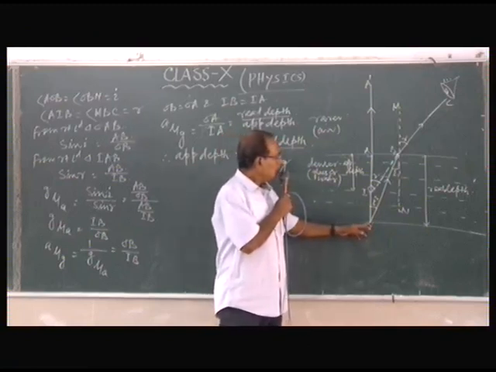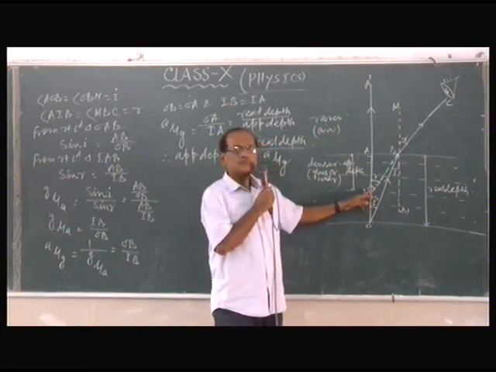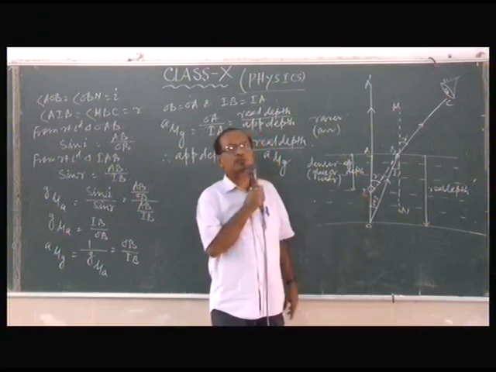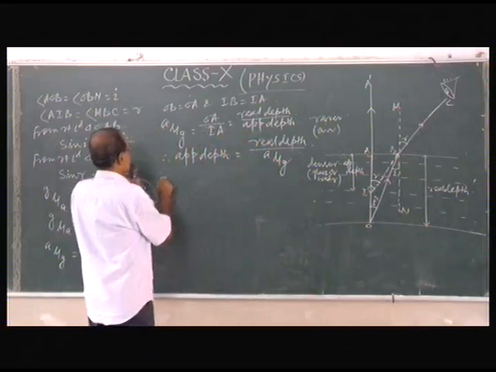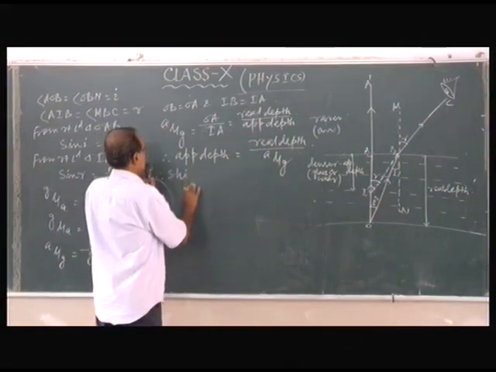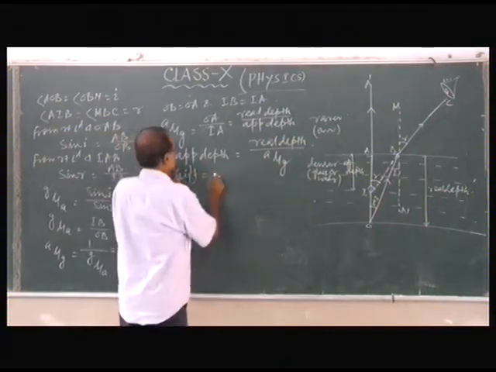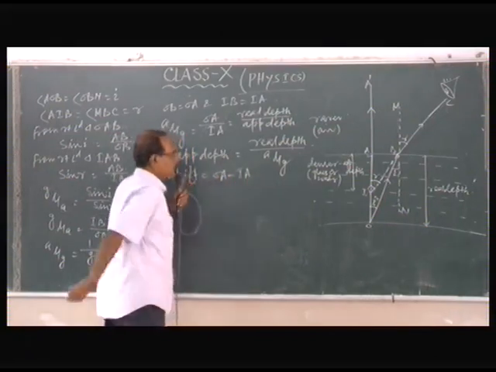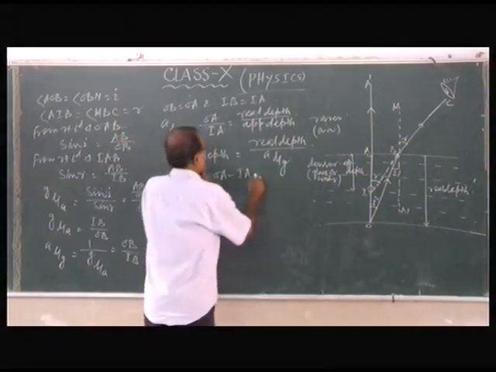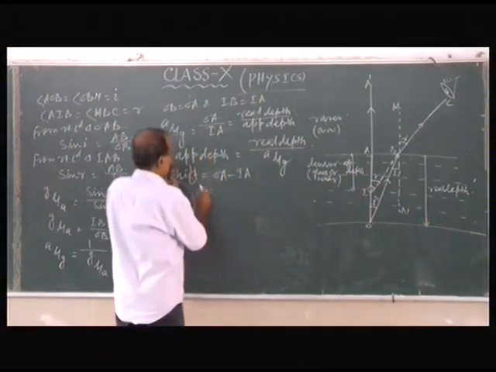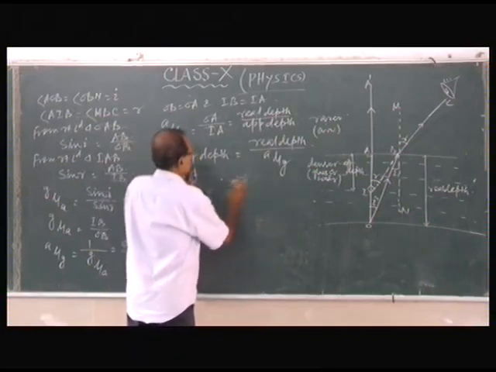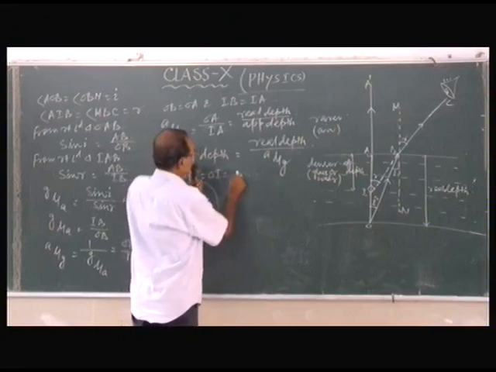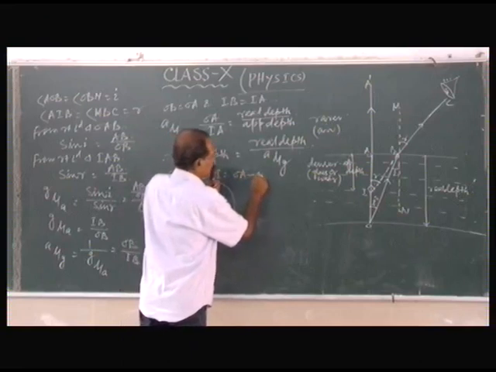Here the object is shifted to I. So therefore, OI is known as shift. Shift is equal to OA minus IA.